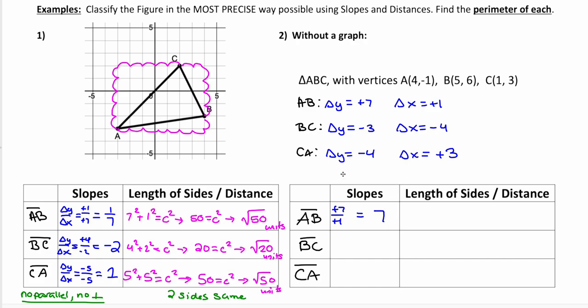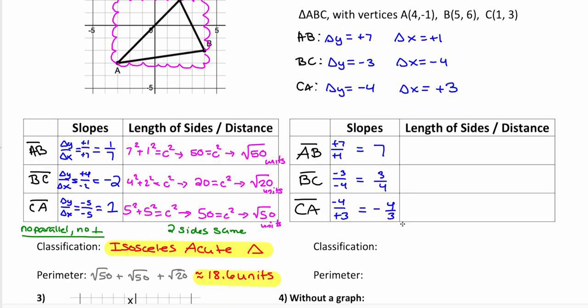From B to C, change in y is -3, divided by change in x is -4. Our slope is positive 3 over 4. From C to A, our change in y is negative 4 over change in x is positive 3. This slope is negative 4 over 3.